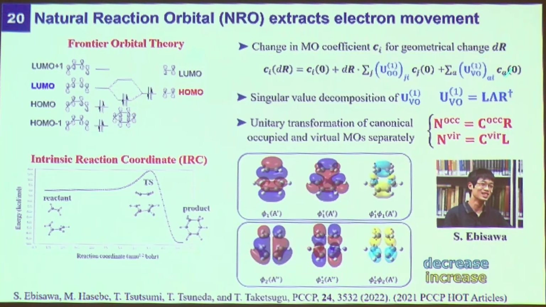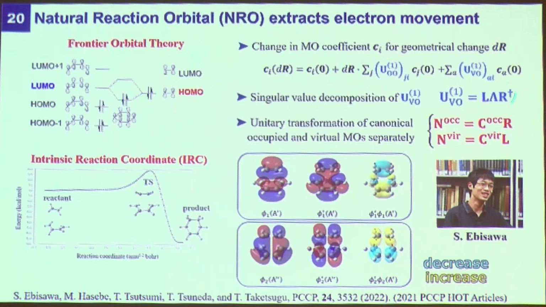So we focus on this UVO. The physical meaning of UVO is the molecular orbital derivative by nuclear coordinate. Occupied virtual orbital mixing occurs due to nuclear coordinate displacement.